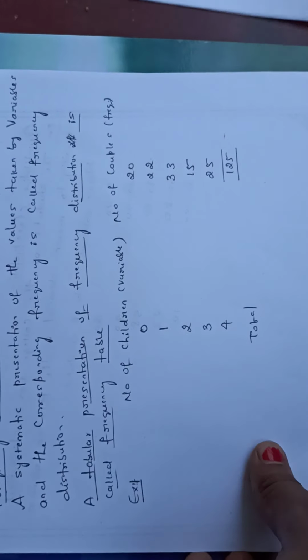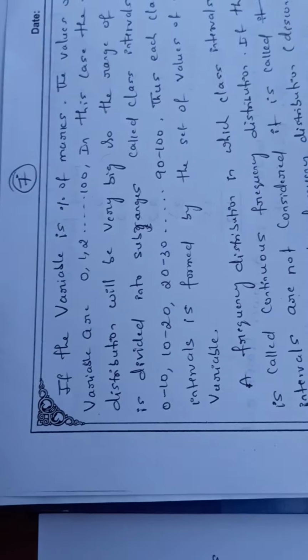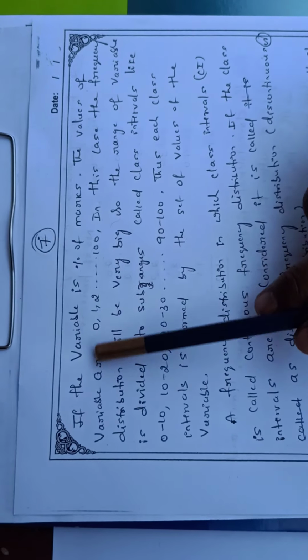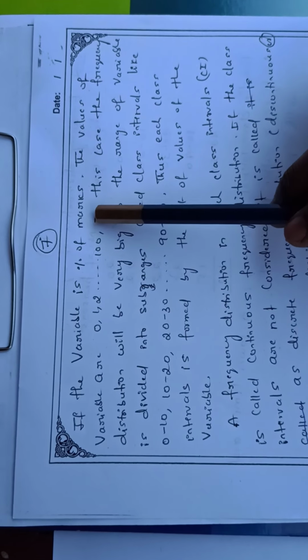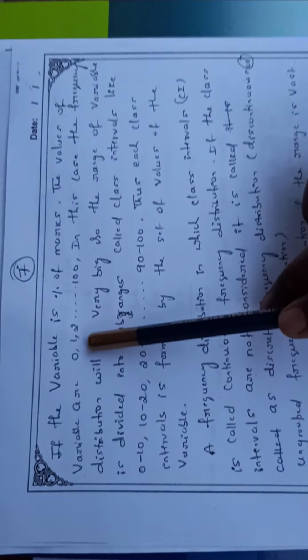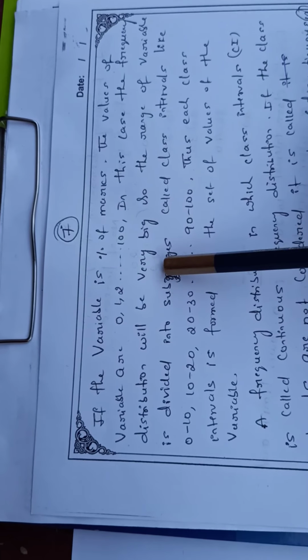Next we have the description of a class interval. Let me say the variable is the percentage of marks, and the values of the variable go from 0, 1, up to 100. In this case the frequency distribution is very big.